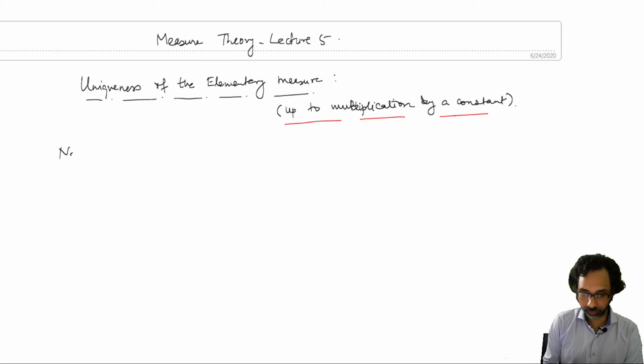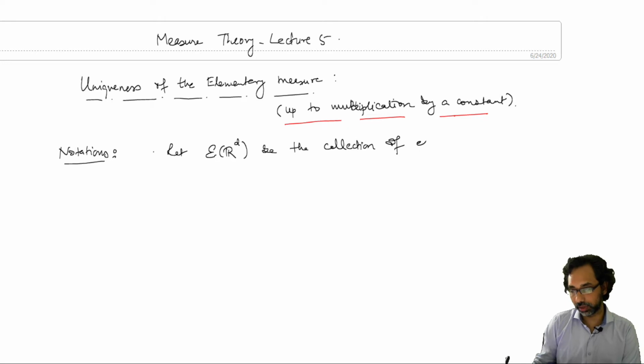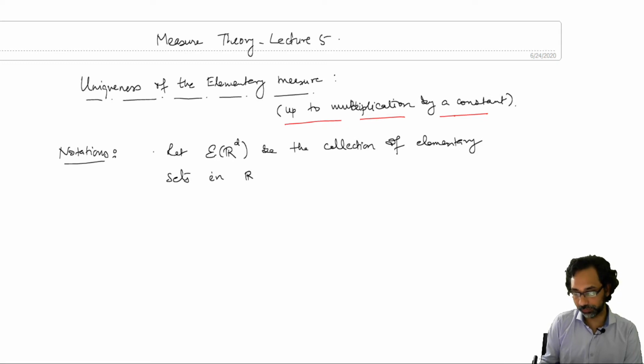But first let me make a couple of notations that I will use later. So first, let calligraphic E(Rd) be the collection of elementary sets in Rd for d greater than or equal to 1.